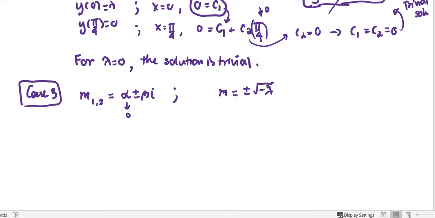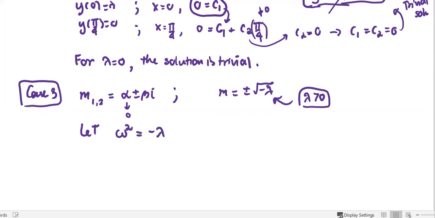So that means we have to look for the case that lambda is positive, because negative lambda is a negative number, and its square root gives you the imaginary number. Introduce the parameter omega square again, just for our convenience when you take the square root, otherwise you're going to have square root everywhere when you work on a problem.